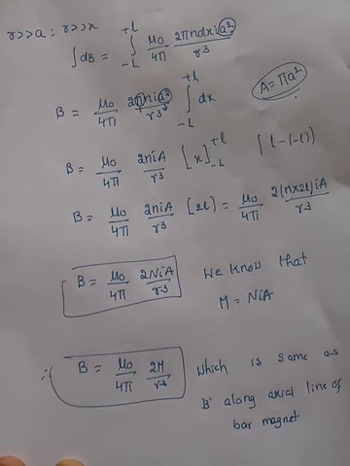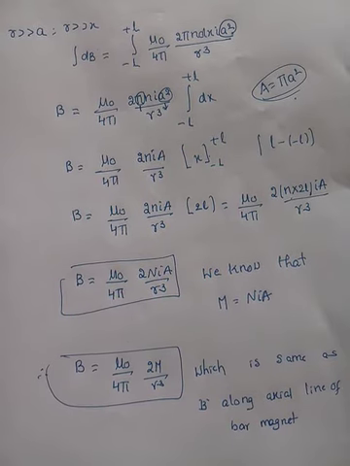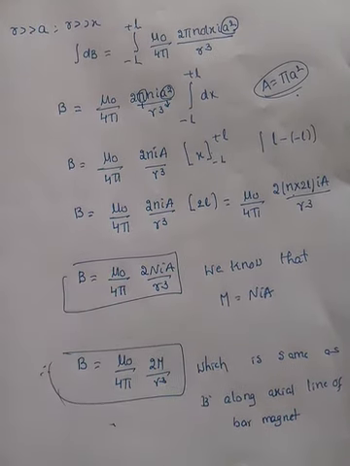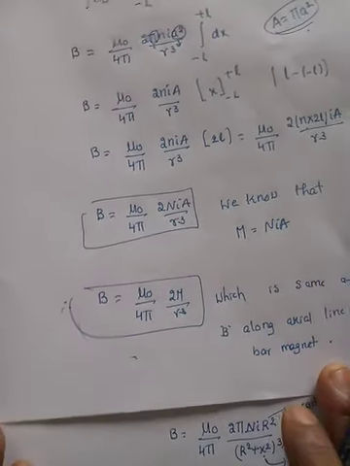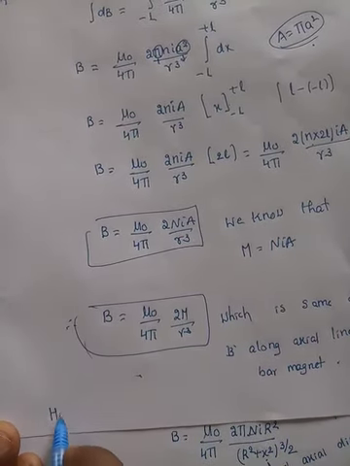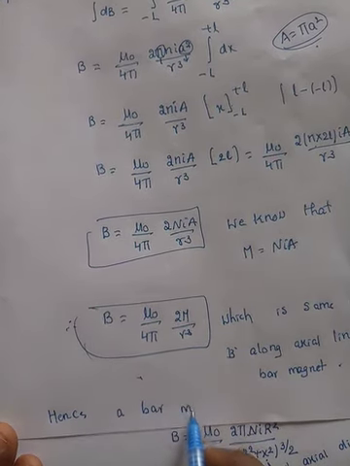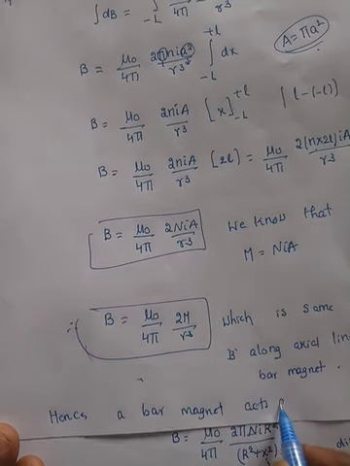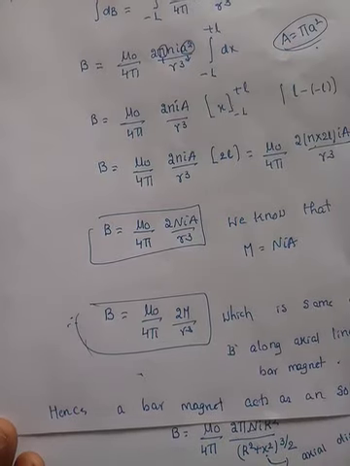Hence, what we can say is that a bar magnet is equivalent to a current carrying solenoid, yes or no? Because the magnetic field due to a solenoid along its axial line is equal to the magnetic field due to a bar magnet along its axial line. So we can clearly say that hence a bar magnet acts as a solenoid. So this is the way to prove.